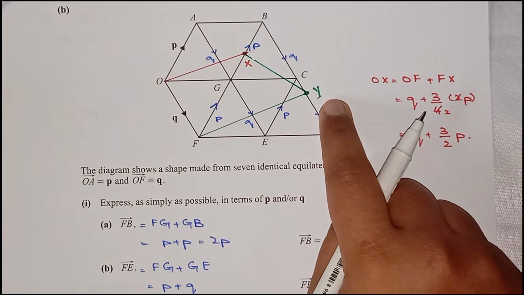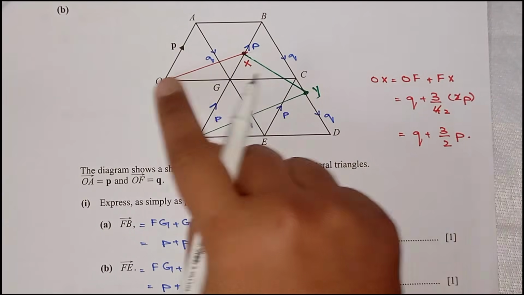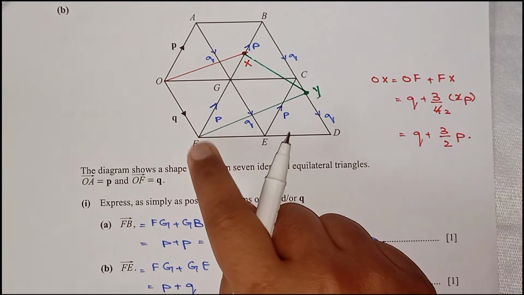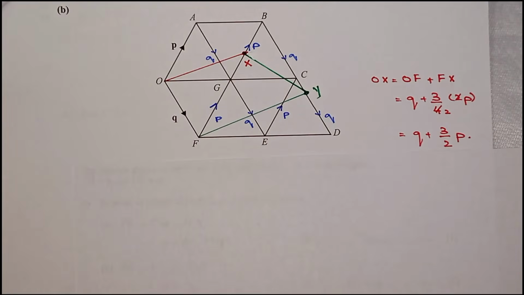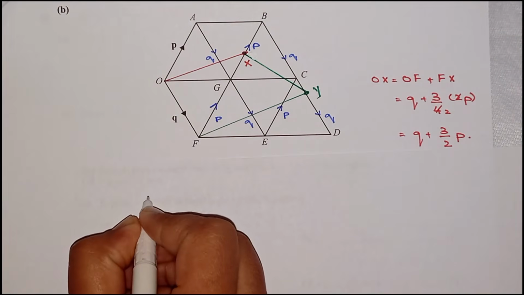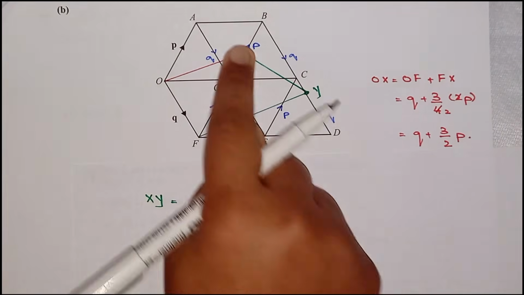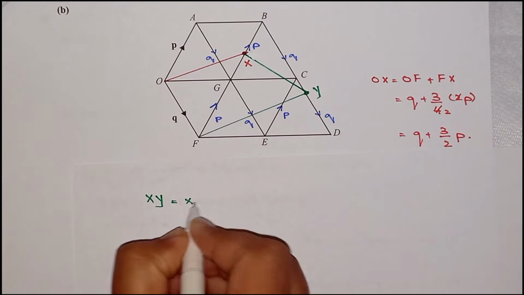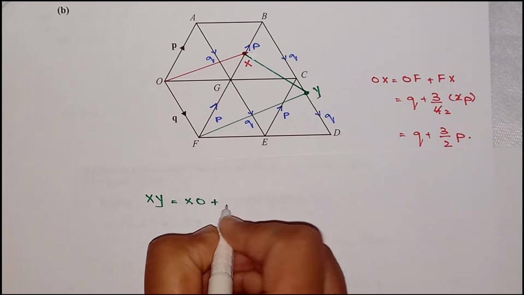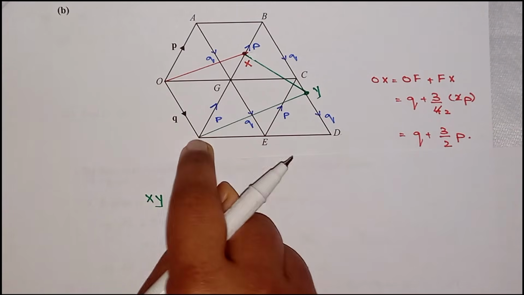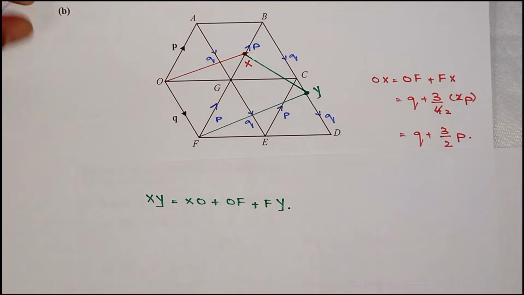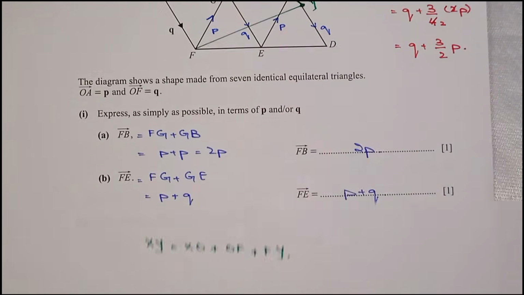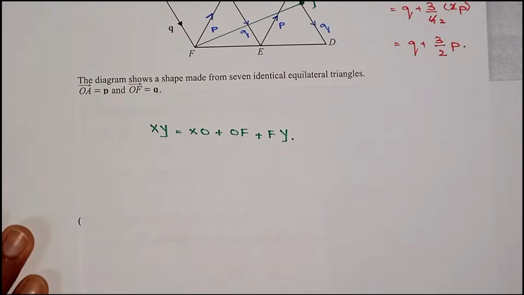So XY follows the path X to O, O to F, and F to Y, right? So if I use a separate sheet of paper, we can say that XY follows a path of X to O plus O to F plus F to Y. Okay, so what is XO?